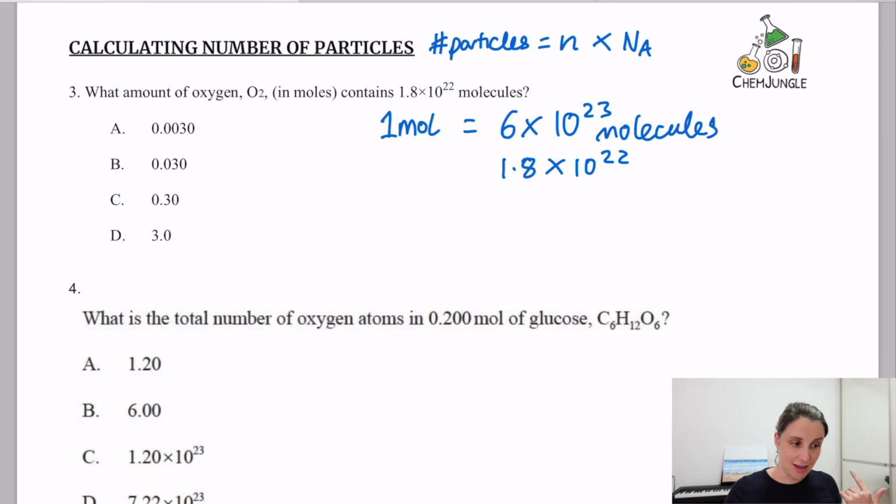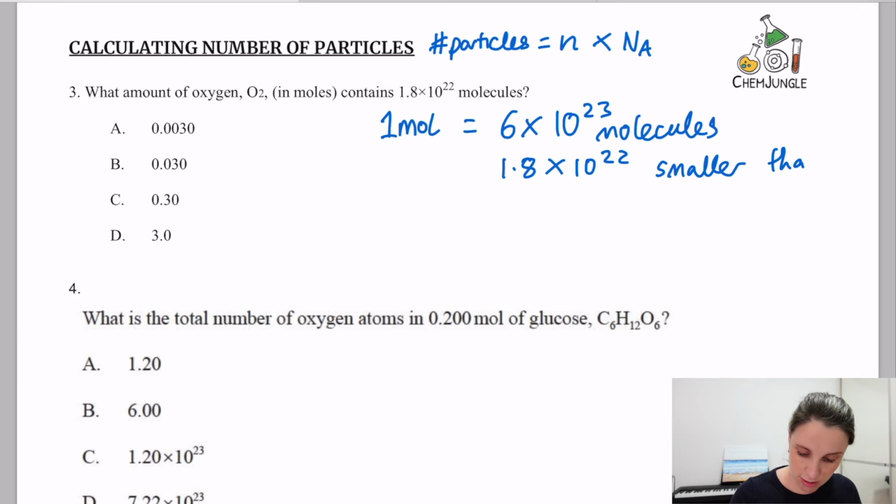So what I'm thinking is, is that a bigger number or a smaller number than 6 times 10 to the 23? So this is definitely smaller than 1 mole. So we know for sure that it can't be D because it's definitely smaller than 1 mole.